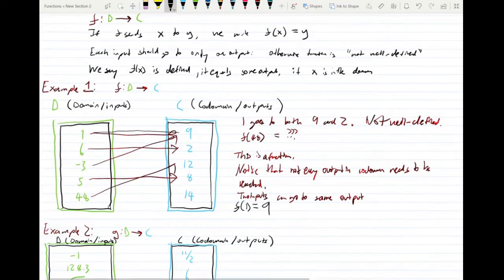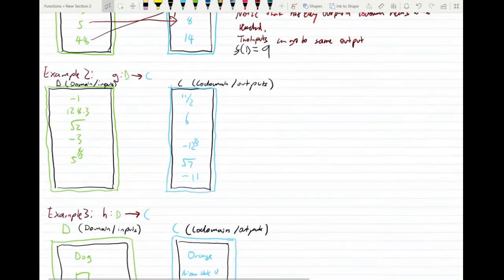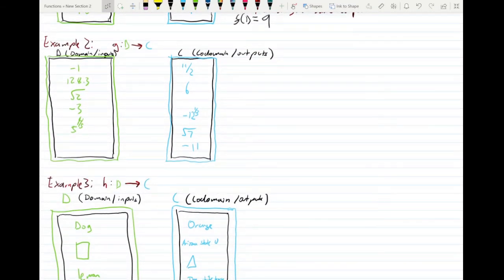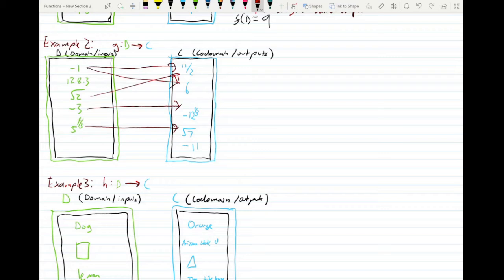Okay, let's do a couple more examples. We have this example, and I'm going to draw a mapping. Now pause the video and try to answer this question on your own before I explain. Is this a function?